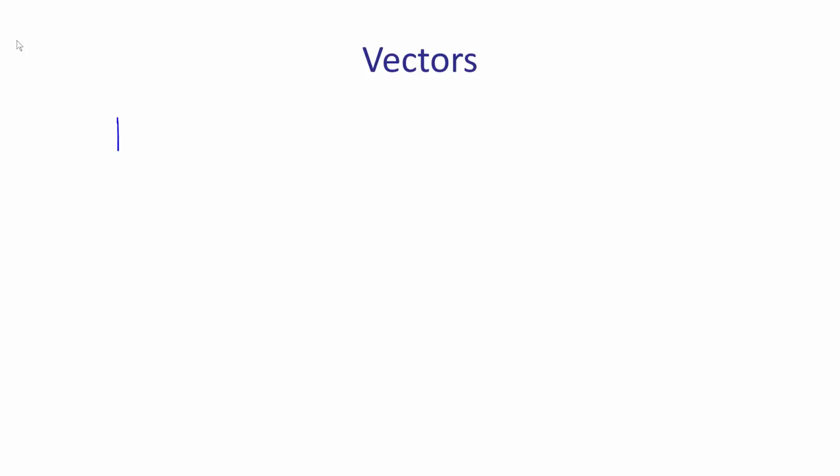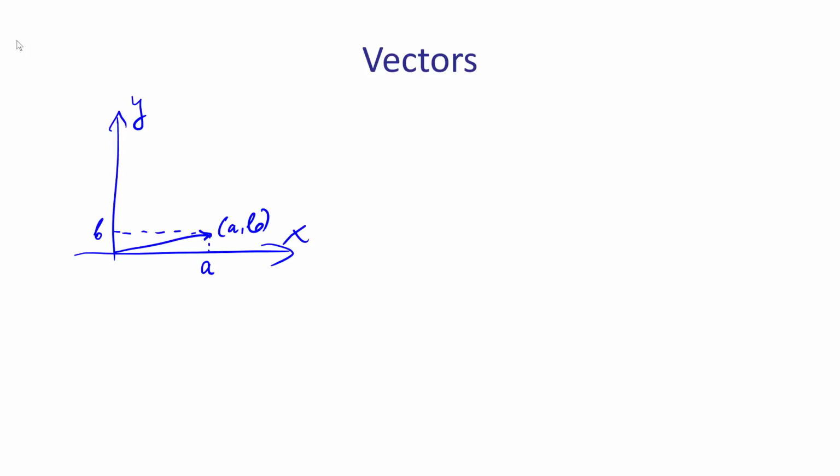For example, in two-dimensional case, with coordinates of x and y, you can draw some vector to the point (A, B), where A is x coordinate of that vector, and B is y coordinate of that vector. Similarly, in three dimensions, you have x, y, and z.